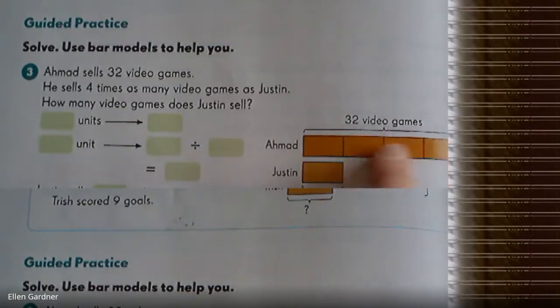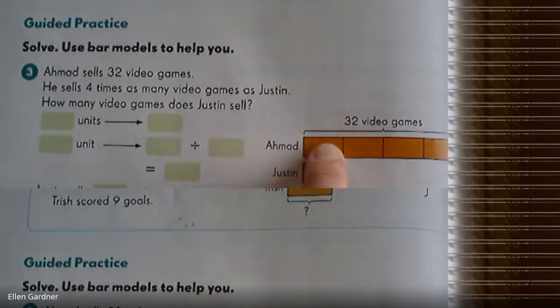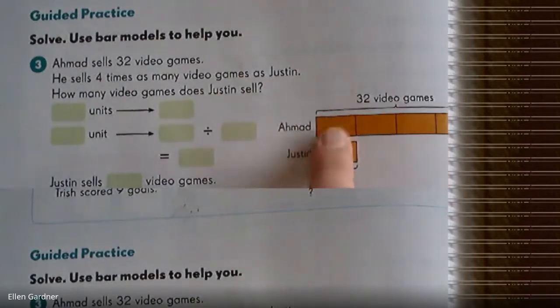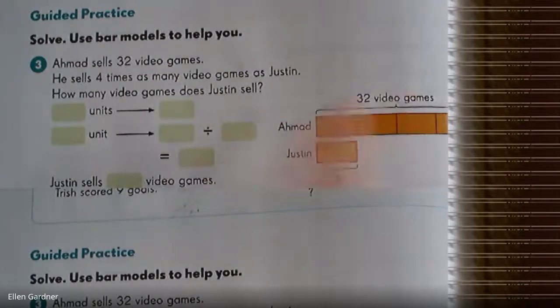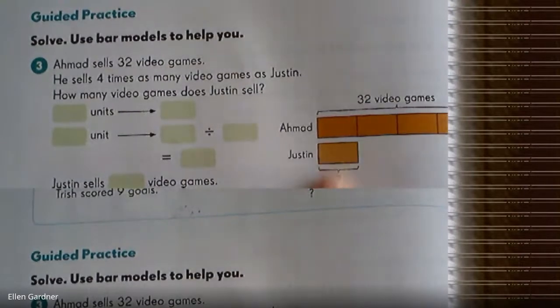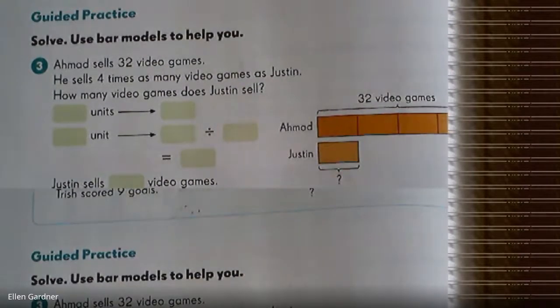We're dividing by 4 to see how much just 1 unit is. So it's not all the units like this one. So 32 divided by 4 equals 8. Hopefully that's one that you have memorized at this point, because 4 times 8 is 32. So the answer would be 8 video games for just Justin.